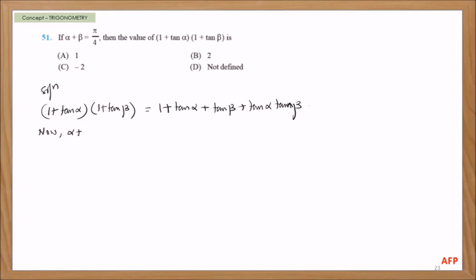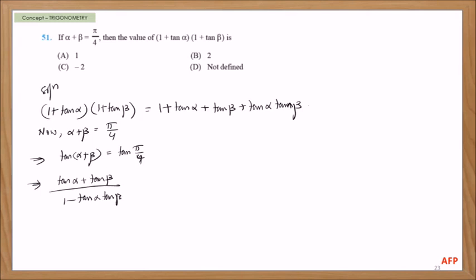Next, now alpha plus beta is equal to 45. So applying tan on both sides, tan alpha plus tan beta divided by 1 minus tan alpha tan beta equals 1. So when you go for cross multiplication, tan alpha plus tan beta is equal to 1 minus tan alpha tan beta.